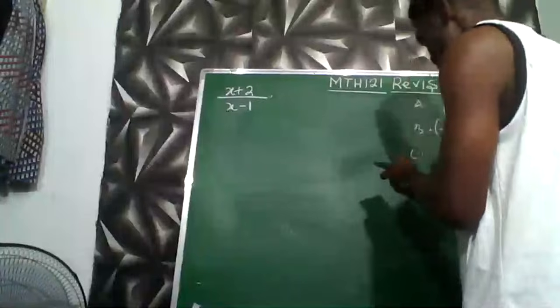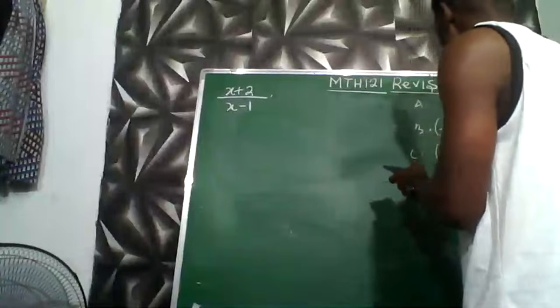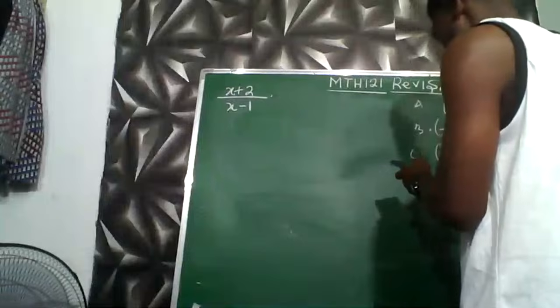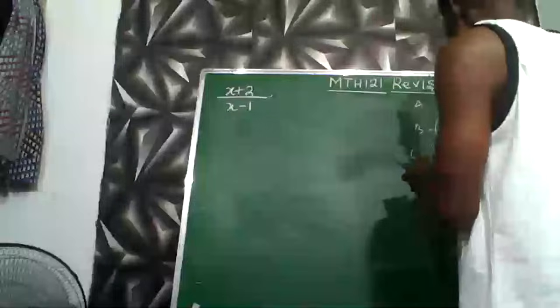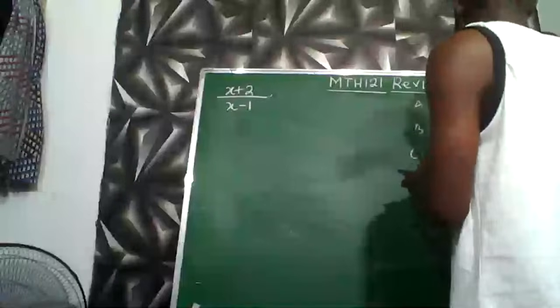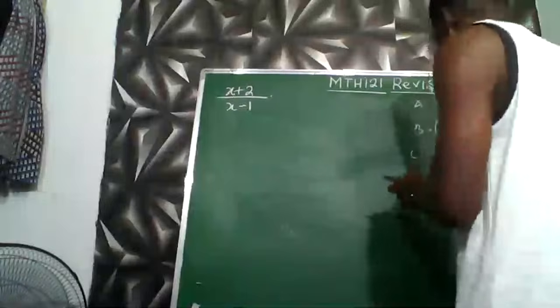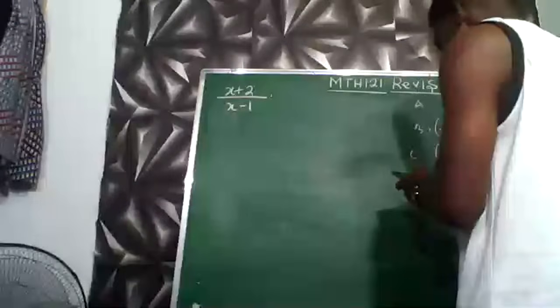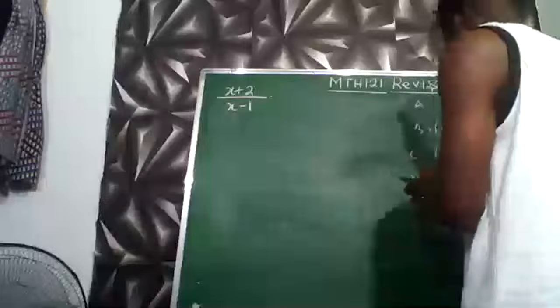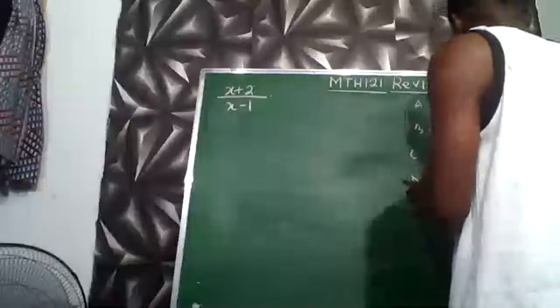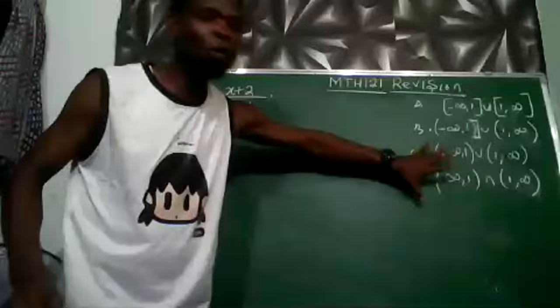Option C is from negative infinity to 1 and from 1 to infinity. And then option D, from negative infinity to intersection 1 to infinity. Okay, so these are options.